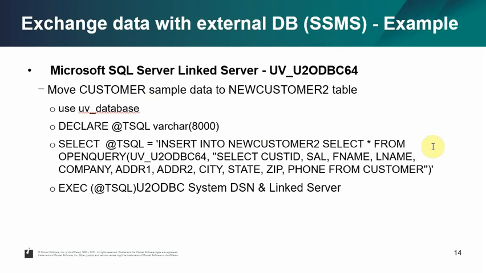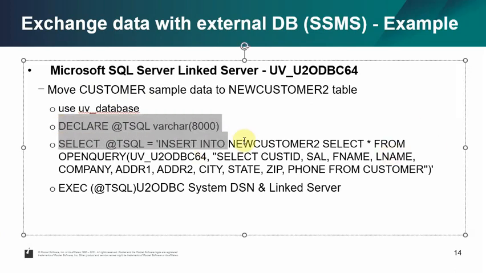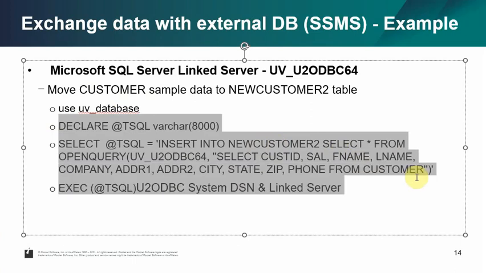Basically it moves the data; the script uses declare and is very simple. I'm using a linked server, and you need to create a UV underscore U2 ODBC 64 data source. So they use a linked server and extract the data to your SQL Server.